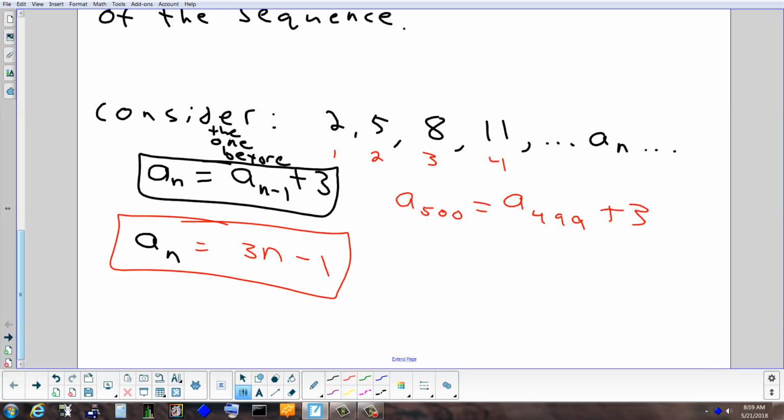So now you need to find that one. And the 499th term is going to depend on the 498th term and all the way back. So with the formula in black, you have to know every term up to the one you want to know. The one I put in red, you can find any term directly. So the one in red is a better formula. A little harder to come up with, but much better.